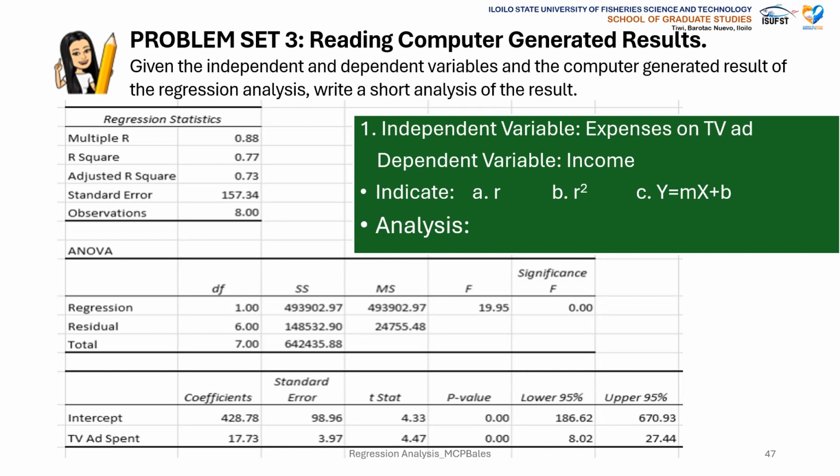Yeah, R squared is 0.77. But how about for letter C? The equation in the y equals mx plus b format. You will be using the coefficients here. What's the equation?